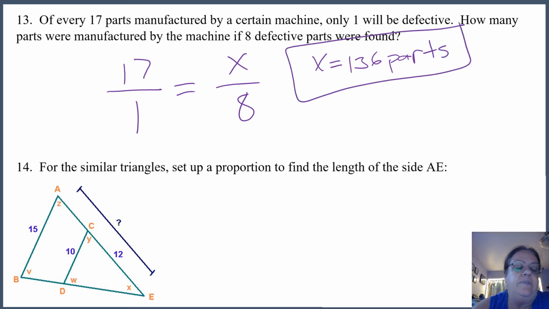All right, remember similar triangles. We just did that. For similar triangles, set up a proportion to find the length of AE. All right, let's see what we've got here. What we're looking for is the length of AE, which is going to be proportional to CE.